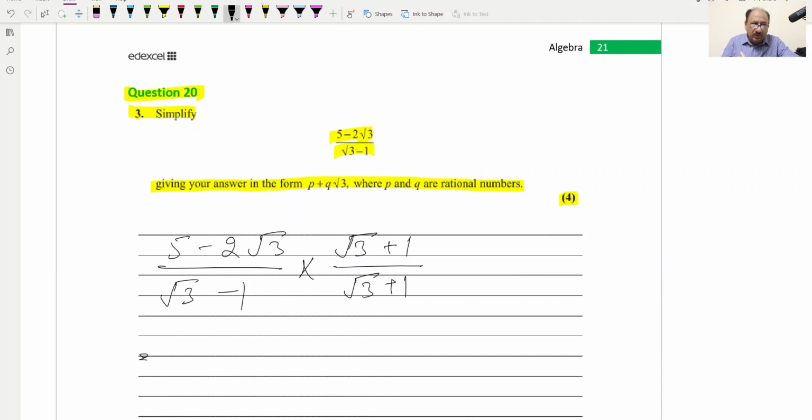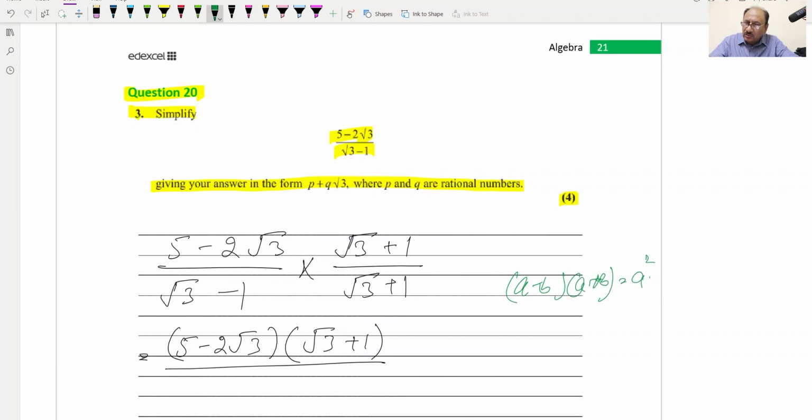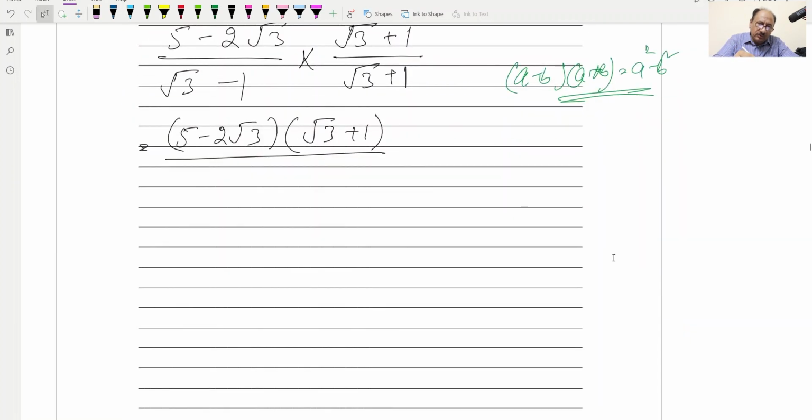So 5 under root 3, I will copy first and then we will multiply. So this one, and for the denominator we can apply the formula. So denominator will be a minus b into a plus b is equal to a square minus b square, and this is the formula which we are applying over the denominator, and this will be under root 3 squared minus 1 squared.